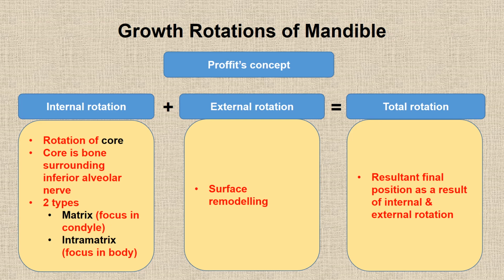One is matrix rotation, whereby the fulcrum is in the condyle, or intramatrix rotation, whereby the fulcrum or the focus is in the body of the mandible. External rotation is surface remodeling of the mandible. Total rotation is the final resulting position of the mandible as a result of both the internal and external rotation combined.